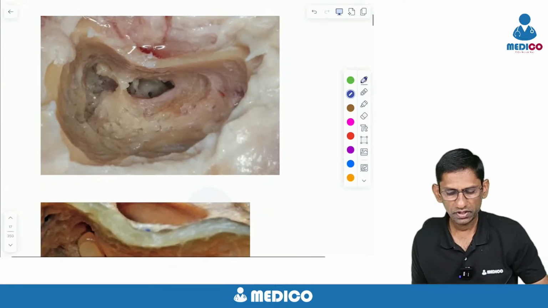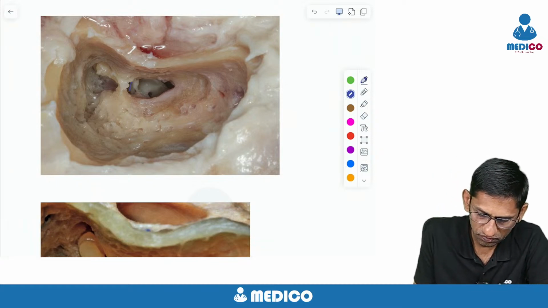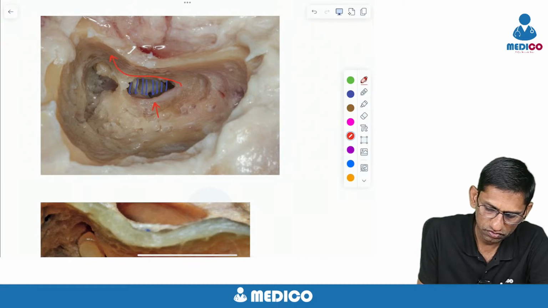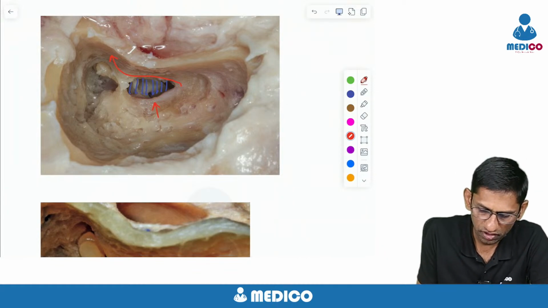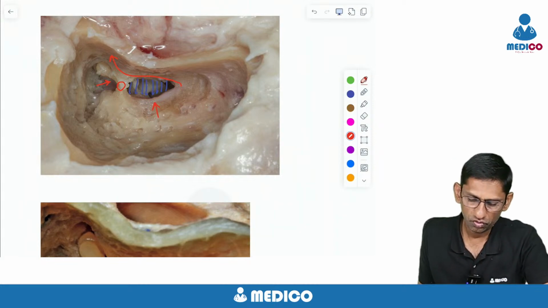If you see from the mastoid area, this is the facial recess area. This is the vertical part of the facial nerve, and the chorda tympani will be going like this. These are the boundaries of the facial recess, and superiorly, the point where the short process of the incus is lodged is called the fossa incudis.